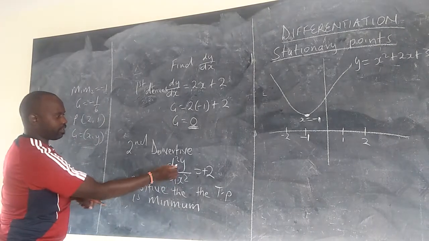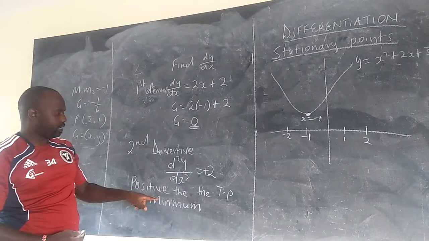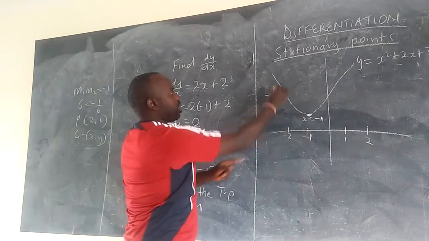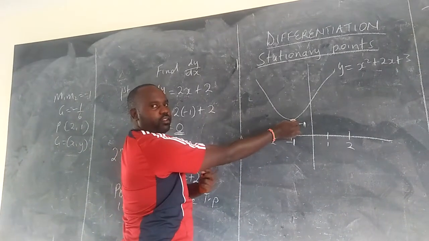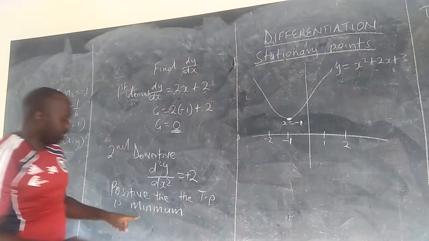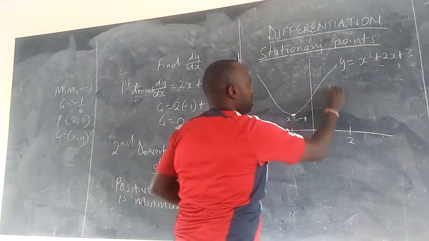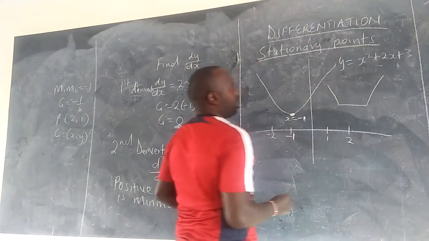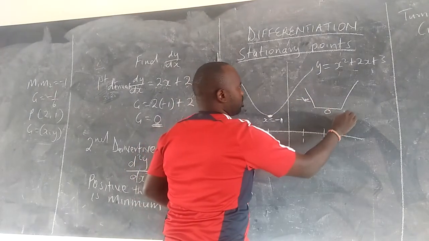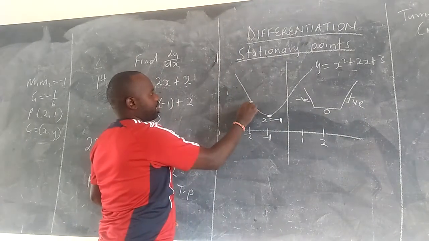If the second derivative, that is, you have differentiated the first one and you find that it is positive, like in our case, you can see it is the lowest point. The reason why it is called the minimum is that it is the lowest point. Diagrammatically it is represented in that manner. It is changing from negative through 0 at the turning point to positive. You check the gradient at this point.